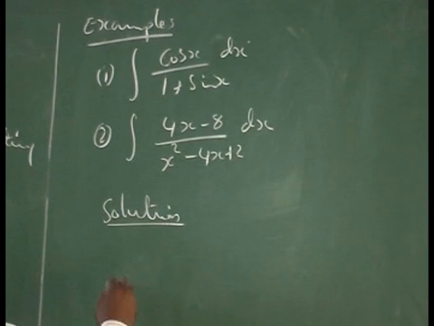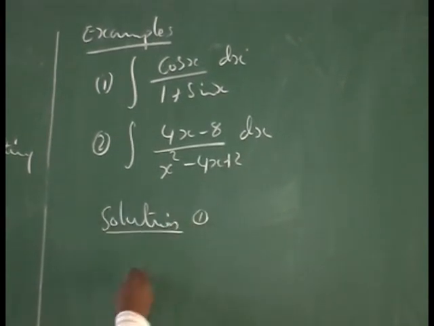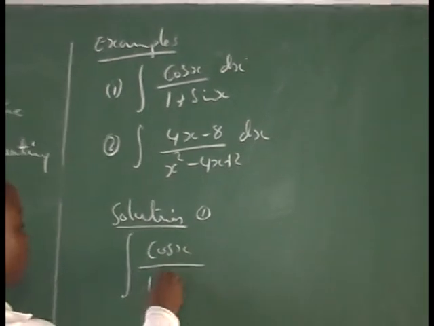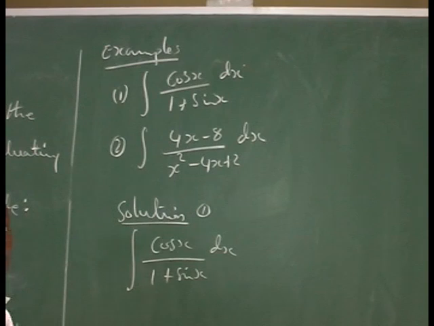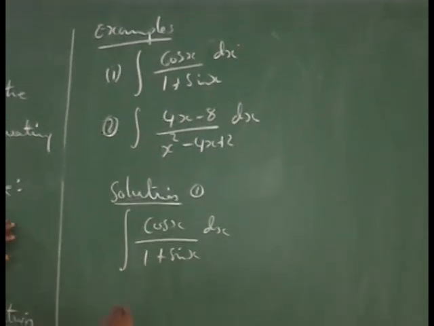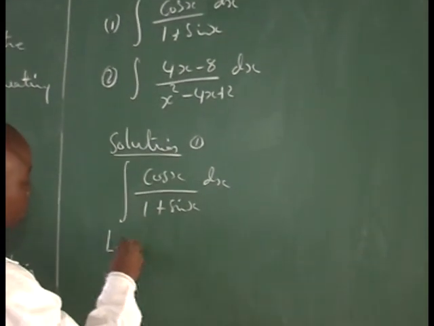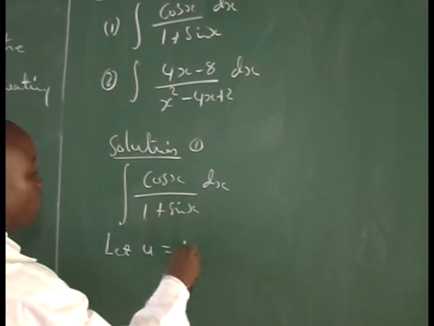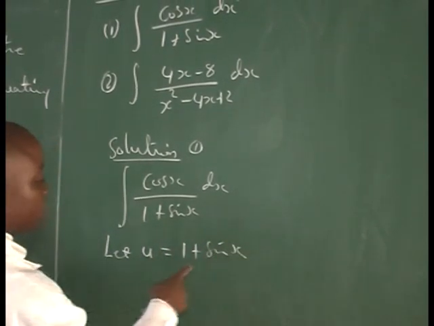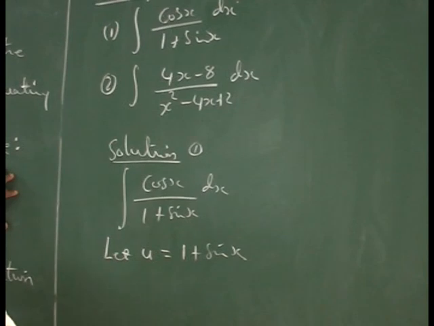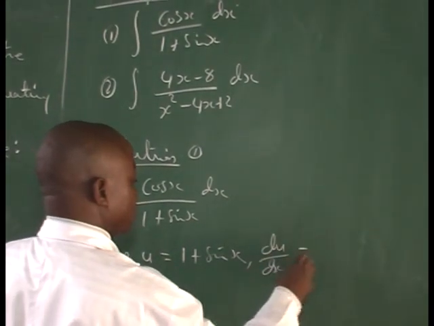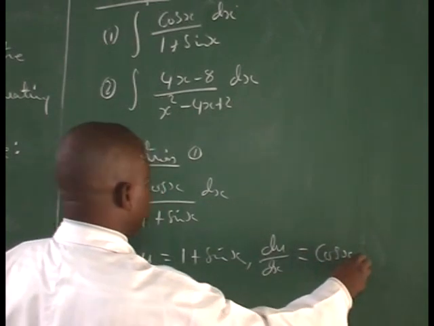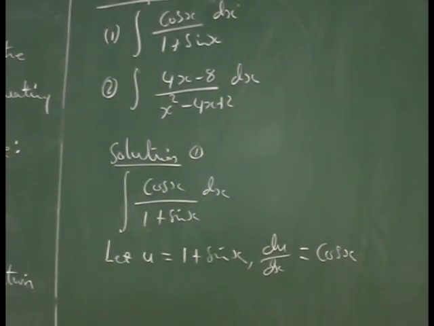The solution 1: integral cos x all over 1 plus sin x dx. What we'll do is we'll let u be equal to 1 plus sin x. So du over dx will be cos x.